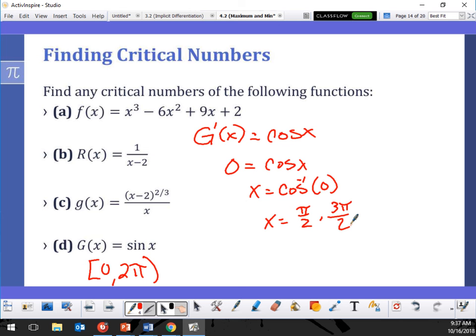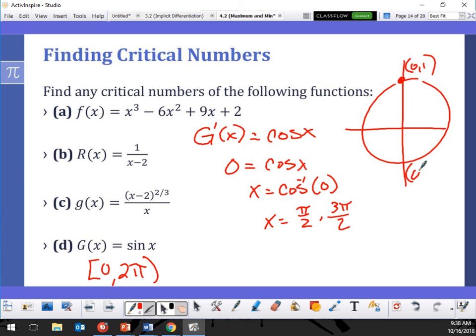Did I lose anyone on that one? I have my unit circle and those are my top and bottom, right? So I get 0, 1, and over here I get 0, -1. All right, so I got those right there.